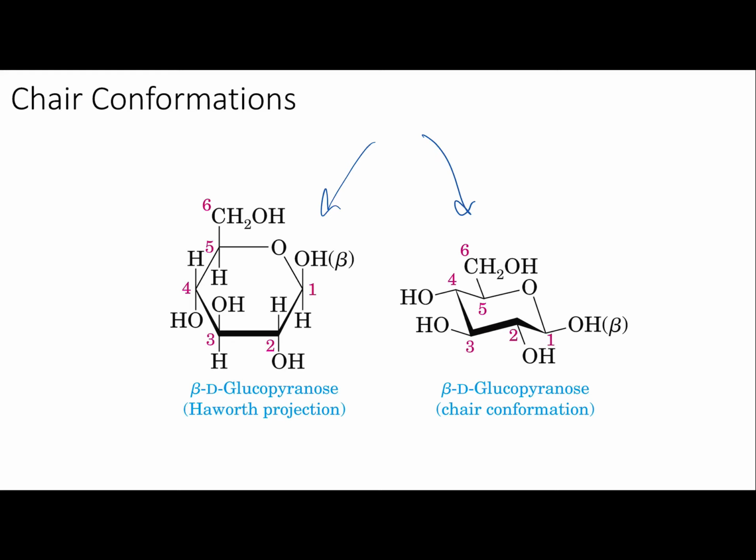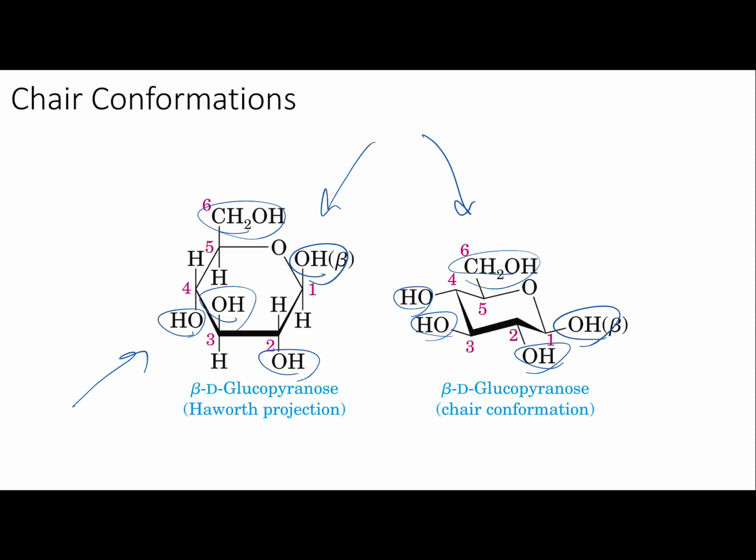Okay, so whether we look at it in a Haworth projection or in the more accurate chair conformation, the groups from 1 to 5 are going to be as follows: up, down, down, up, up.